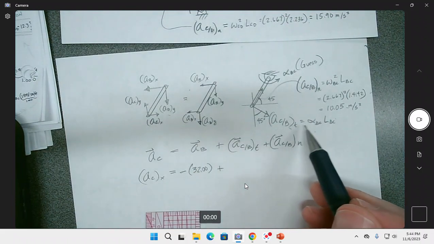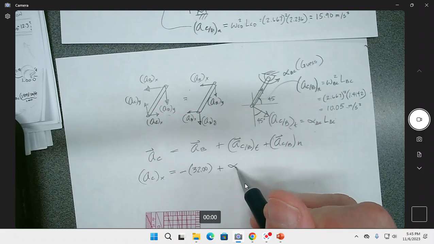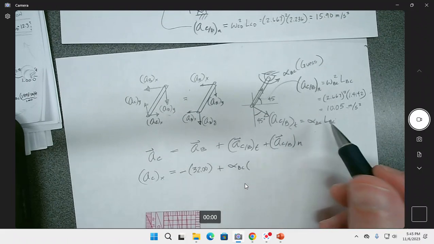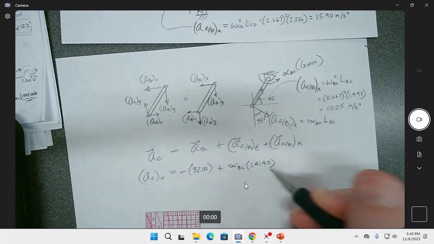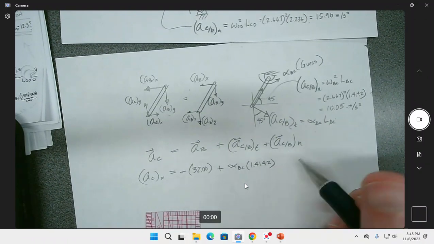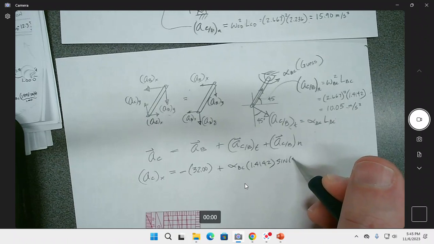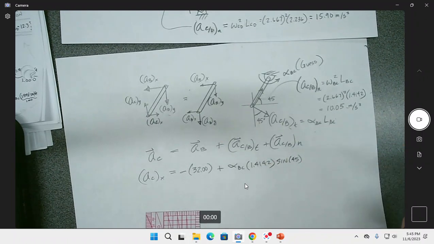Plus, we don't know this one, but we've guessed it in the positive direction, so we go alpha BC, and I'll put the actual length in there, 1.4142. And now I've got to remember, don't forget, to put the sine of 45 in there.